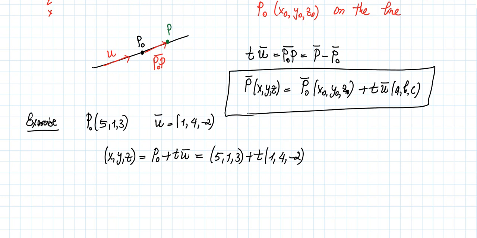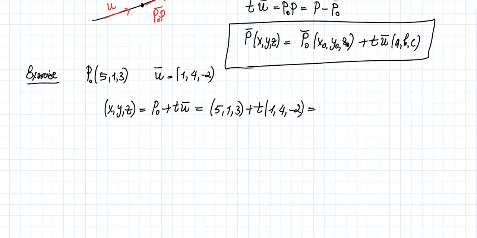Or you can write this down in the form of vector operations. When you multiply a constant by the vector, it is multiplied to all the components. And when you add two vectors, you add the components correspondingly, right? It is going to be T plus 5, 4T plus 1, minus 2T plus 3, right?